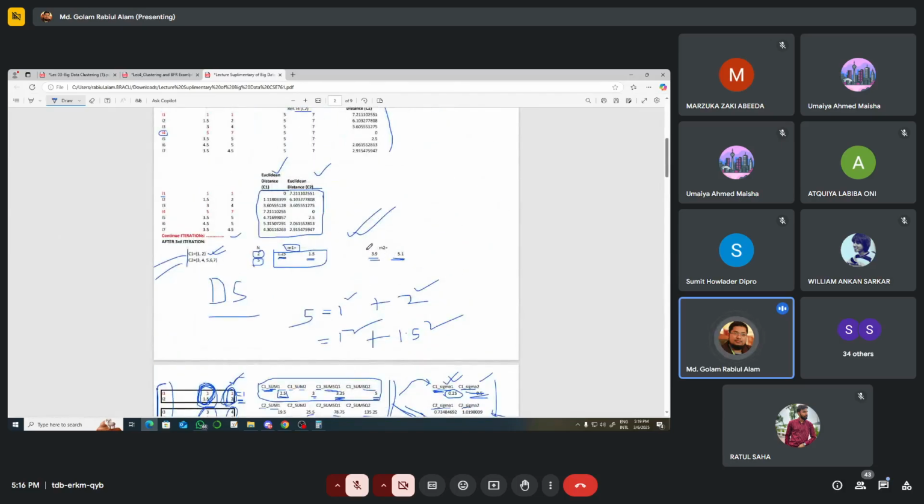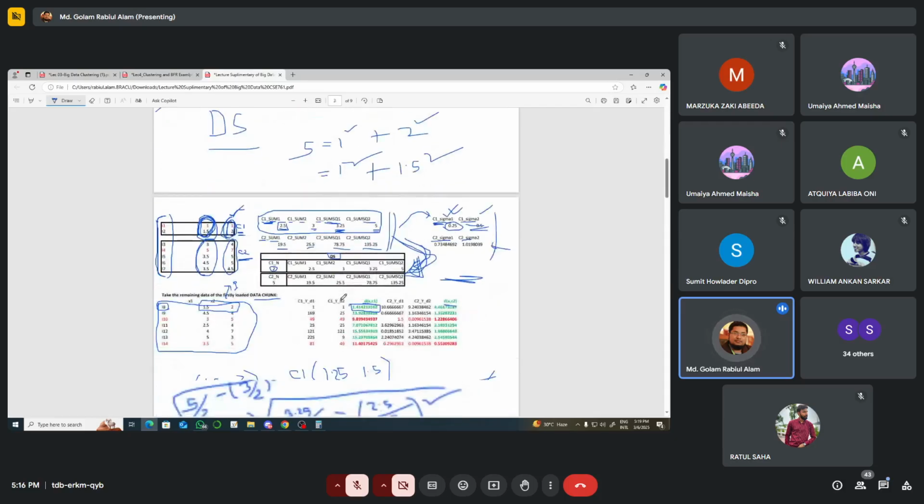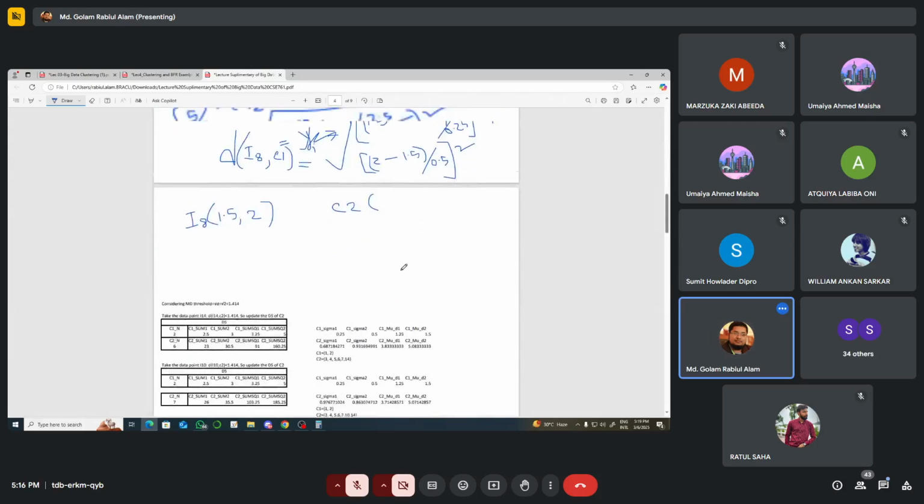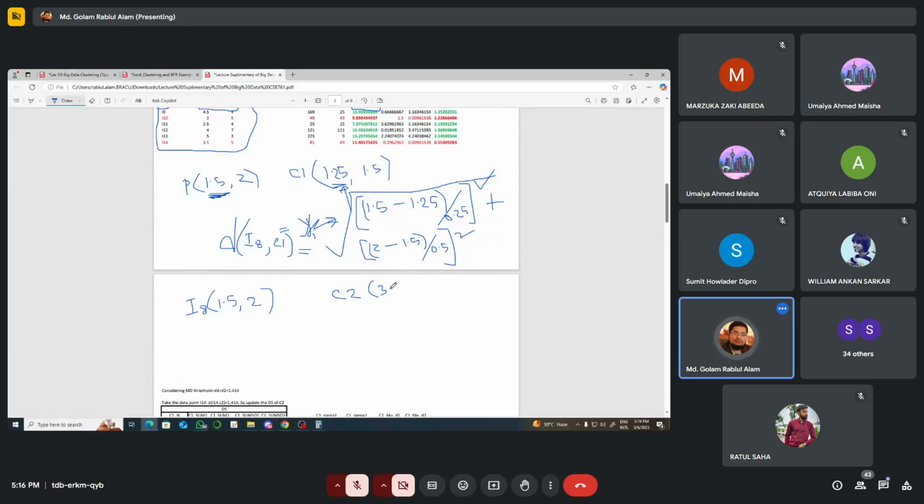The C2 is this one, that is the centroid of our cluster 2, 3.9 and 5.2. So we want to find the Mahalanobis distance between these two.